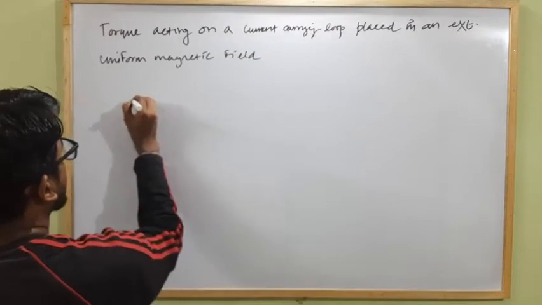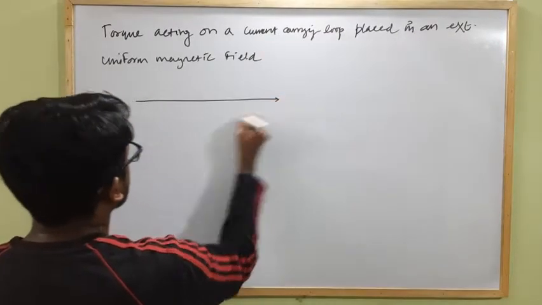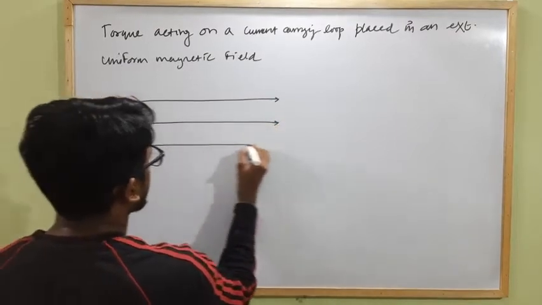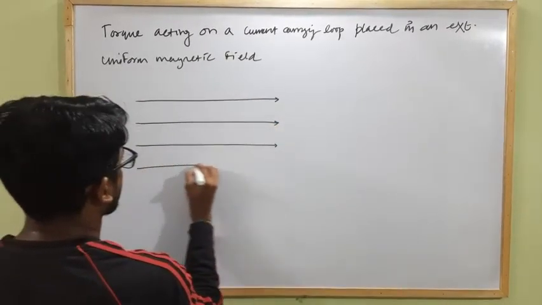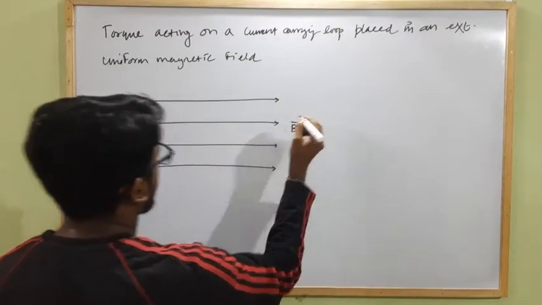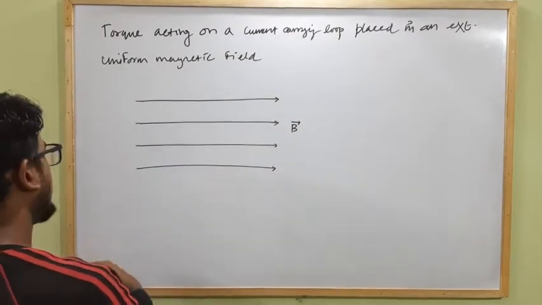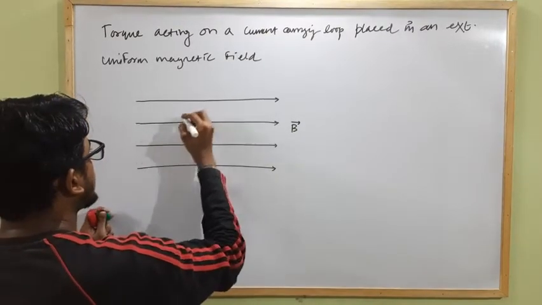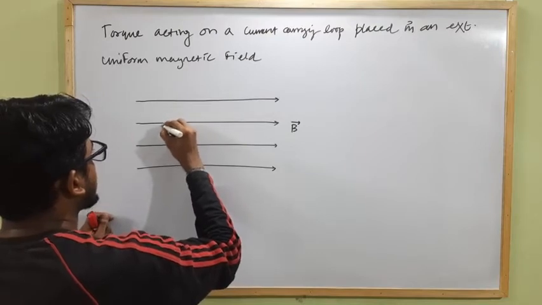Okay, so let's consider here is a horizontal magnetic field which is directed from left to right of strength B. Okay, and we are considering a rectangular loop, which is at any instant present like this.